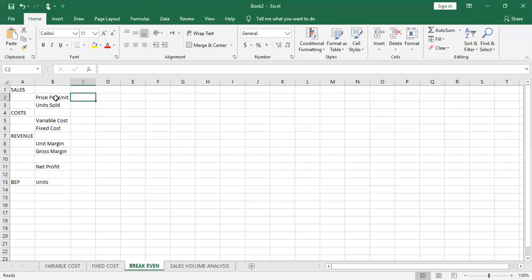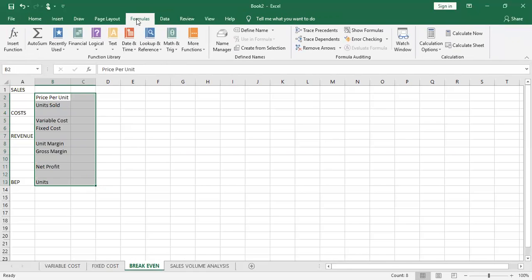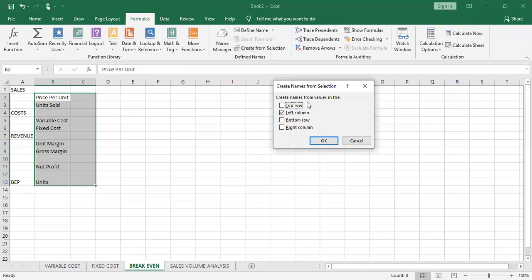What you need to do is to select the price per unit from B, extend to C, come down, pick all of them. From here, we go to the Formulas ribbon. From the Formulas ribbon, at the Defined Names section, click on Create from Selection and say create names from values in the left column, right? So left column, meaning that C, which is on the right, will be named with the value on the left, which is B, okay? So click OK, thank you.